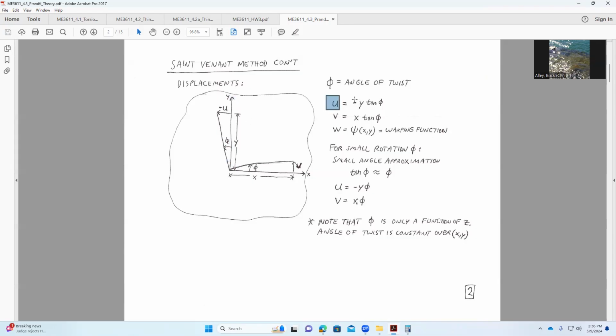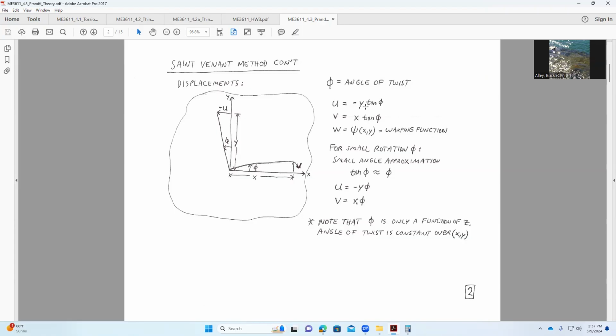So u is going to be minus y tangent phi. So now I've got an expression. If I know the angle of twist of this face, then I can get the displacements anywhere on there, just as a function of position. All right. And we said warping was also a function of some x and y position. So there's all three of my displacements. I know two of them. I've got to just get that warping one later.